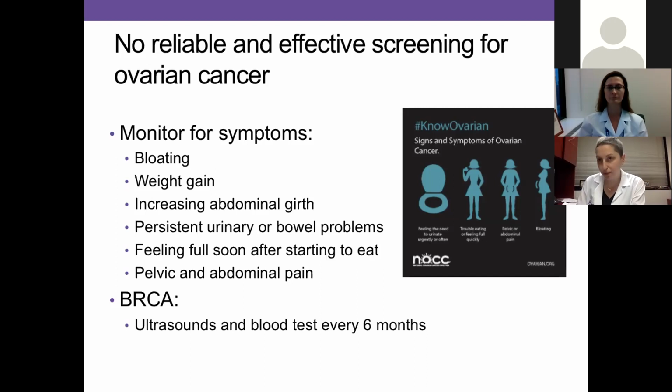For women with a genetic predisposition, such as a BRCA mutation, we do ultrasounds and blood tests every 6 months. Even in that population, it has not been shown to decrease the incidence of ovarian cancer. And so when it comes to ovarian cancer, it's really about listening to your body and seeing your doctor yearly.